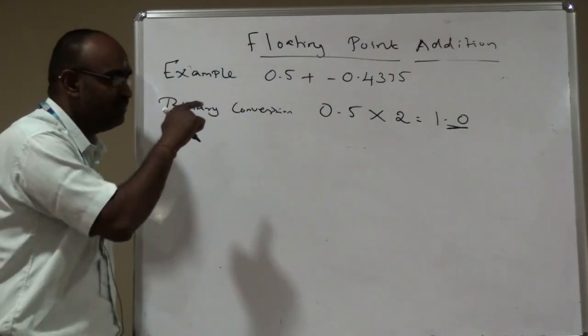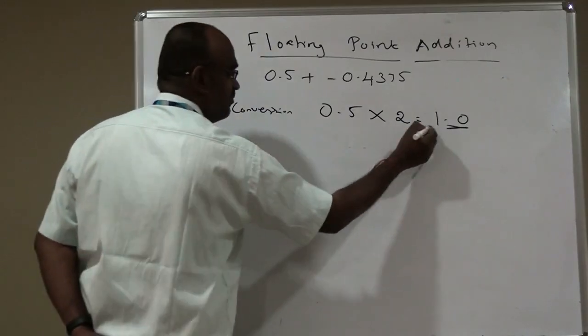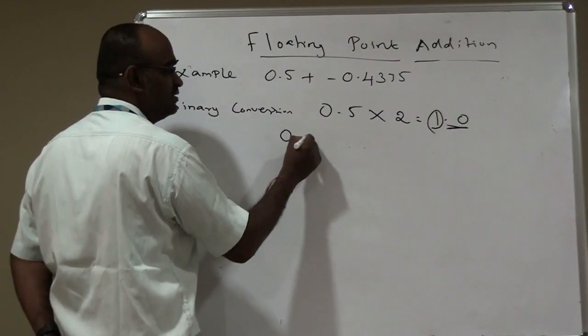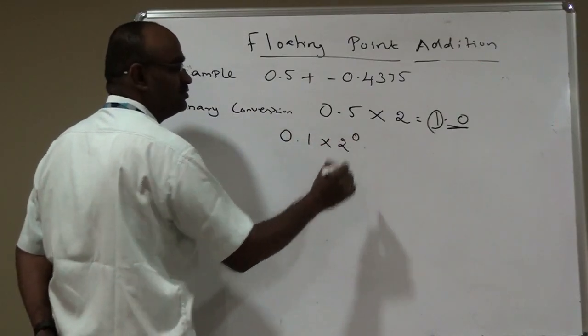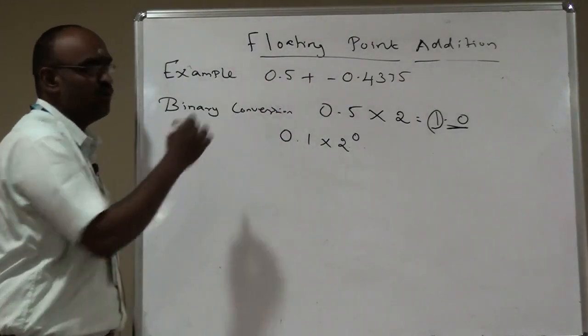If it is 0, multiplying by 2 always gives 0, so we stop here. So the value is 1 for 0.5. That is 0.1 times 2 to the power 0. So this is the actual binary conversion: 0.5 multiplied by 2 gives 1.0.